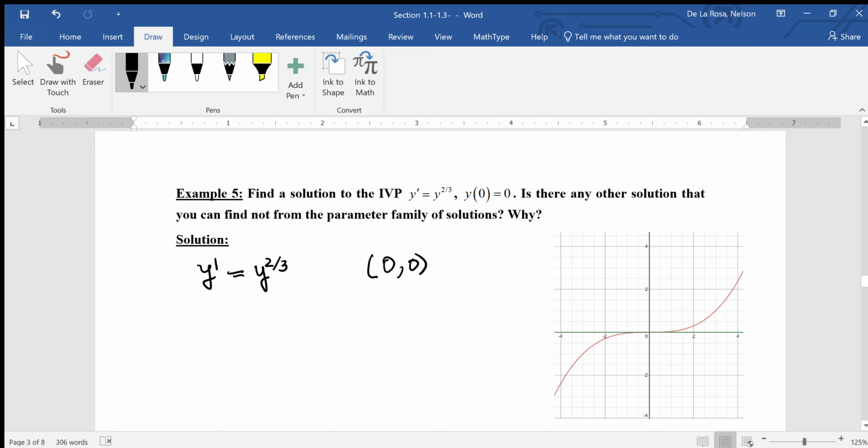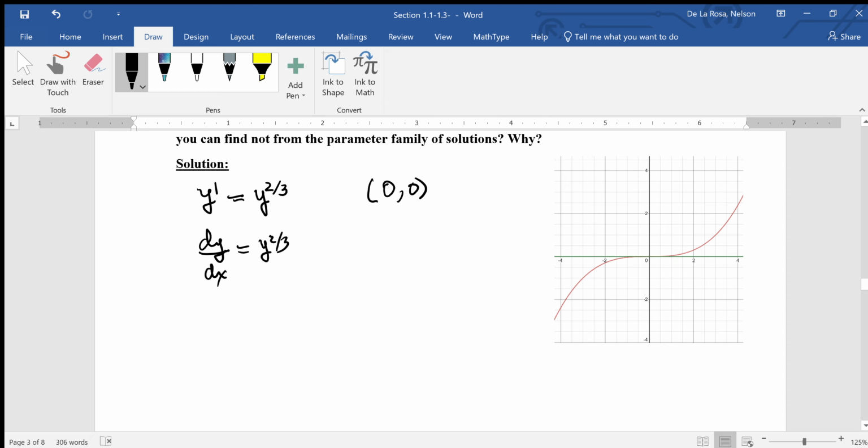Well, remember, y prime is the same as dy/dx, right? So we are going to now isolate, combine all the y's on one side and all the x's on the other side.